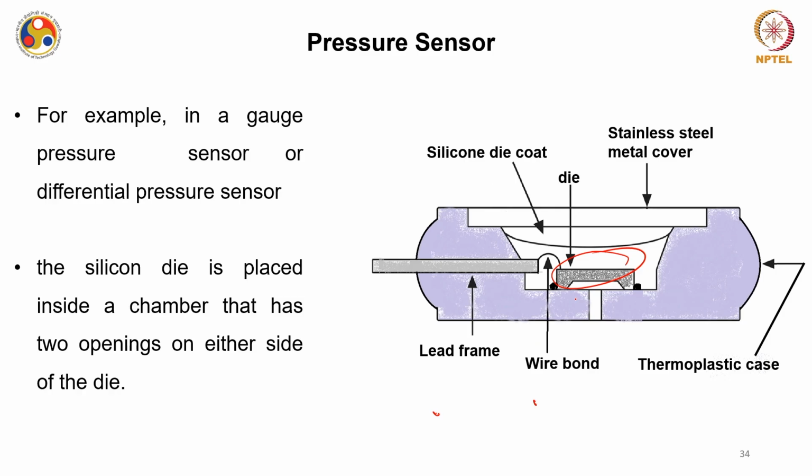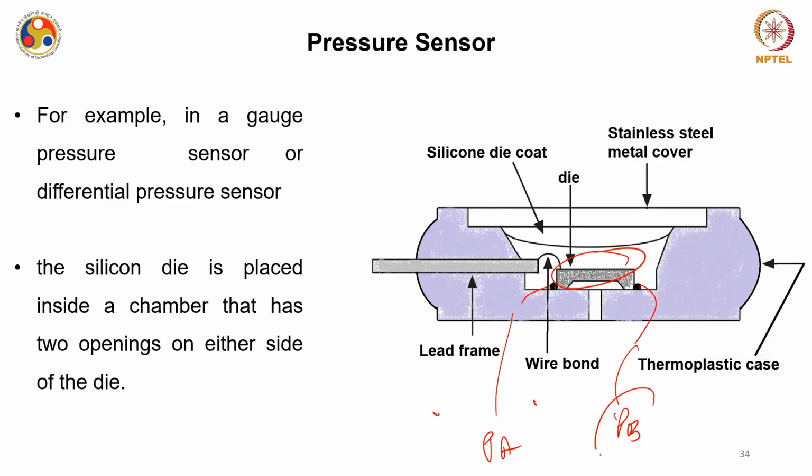The packaging of these devices is very much complicated. It is not a straightforward method, but we should understand that the fabrication steps in all these three devices remain more or less similar, except for certain variations. Like you have just seen, the silicon die is placed inside a chamber in gauge pressure or differential pressure sensors, and this has two different openings for two different pressures, PA and PB.